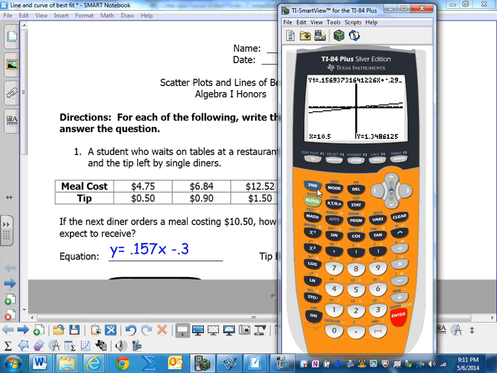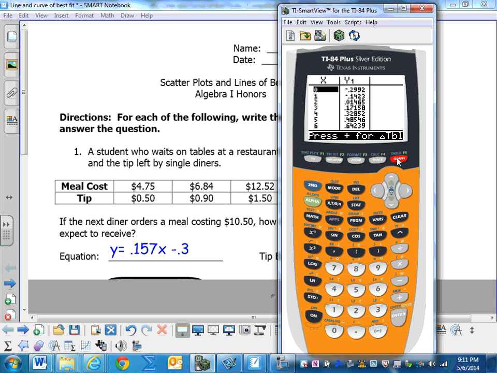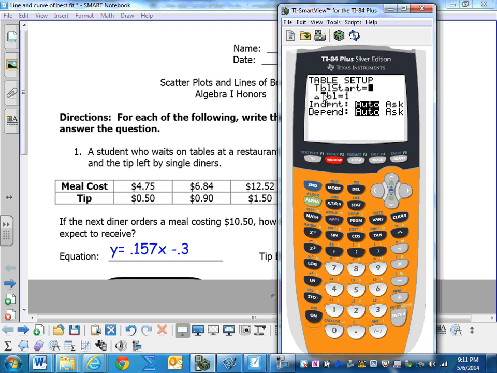Another thing I could have done is reset my table. So let's look at our table. My table is counting by ones, but I want to know when x is 10.5. So I can change the increments here. Go into second window or Table Set. I'm going to have it start at 0, and then I want it to count by half, so 0.5.